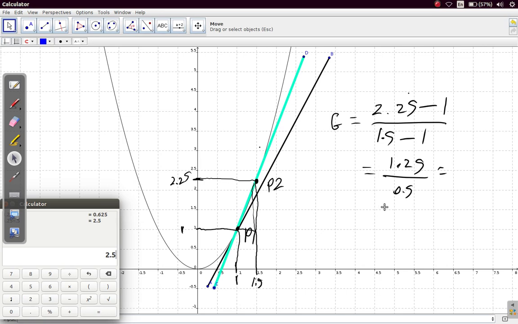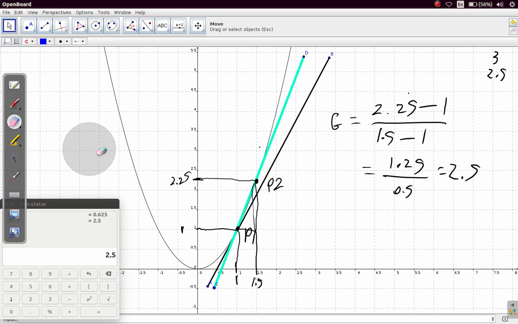So it's 2.5. All right. The gradient here is 2.5. What was it before? It was 4 minus 1, which was 3. So it was 3 at first, and then it came to 2.5. Good.